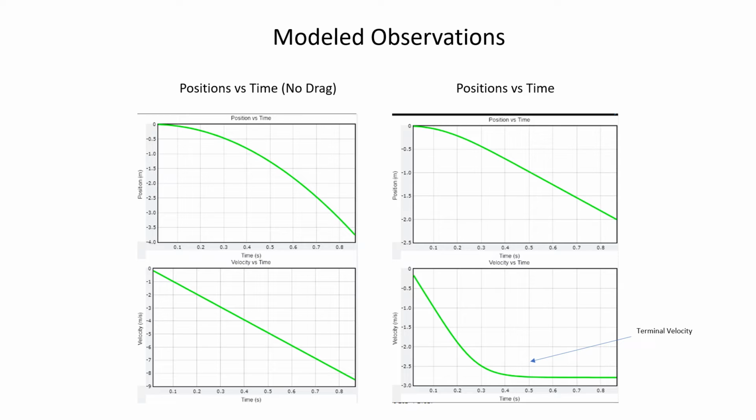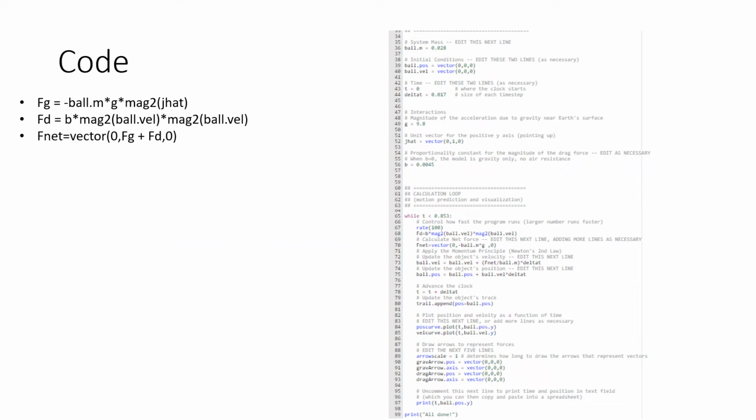With drag it actually flattens out because we achieve something called terminal velocity, which is where the drag force is equal to the gravitational force, and it leaves us an acceleration of 0.